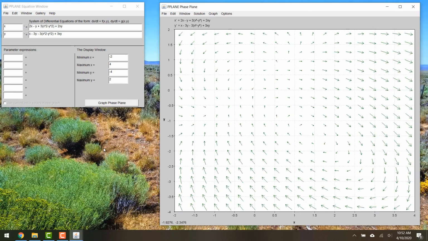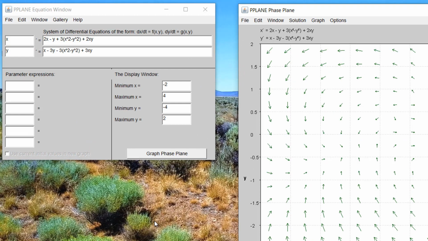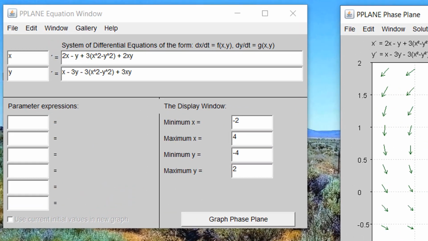Like we've talked about in other videos, you do have to write your planar system as an actual system of 2 different equations where you have an x prime and a y prime, and then input those separately up here. We're going to do example 3 first.